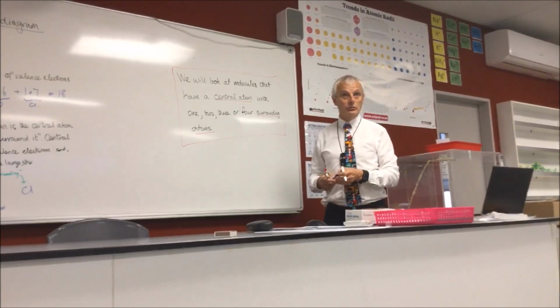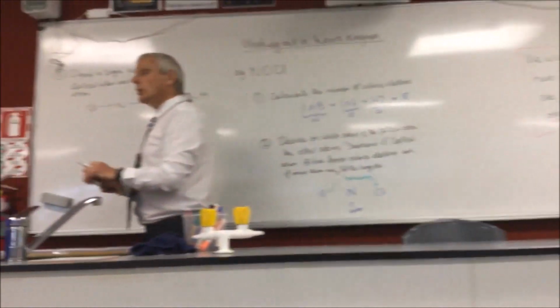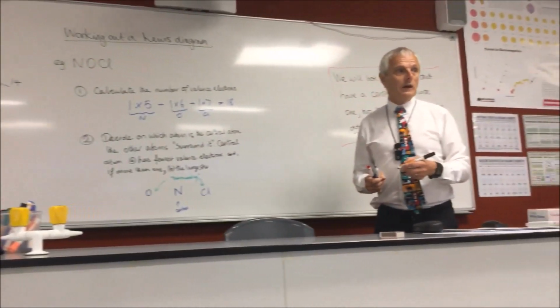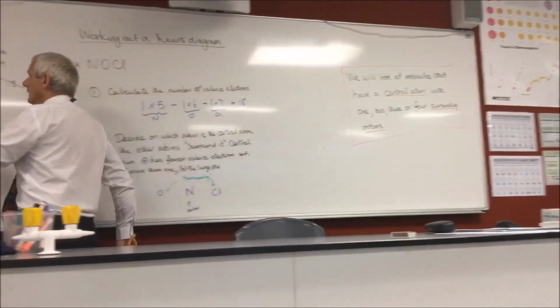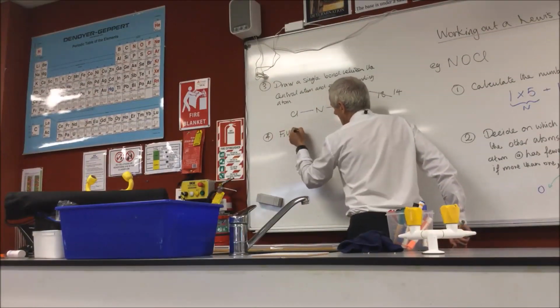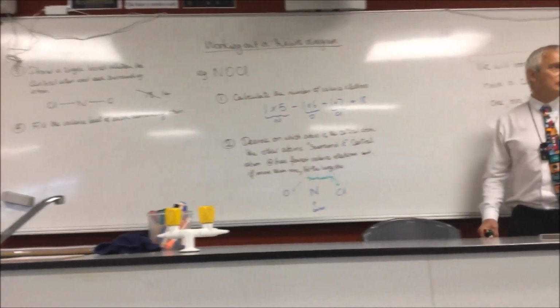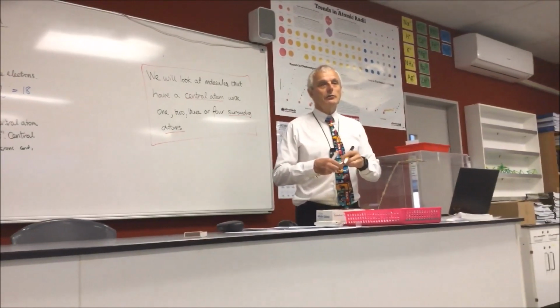It's really important. The next thing we're going to do is we're going to go around each of the surrounding atoms in turn and fill their valence level up. So we've got Cl and O. How many electrons do they need in each to have filled valence levels?